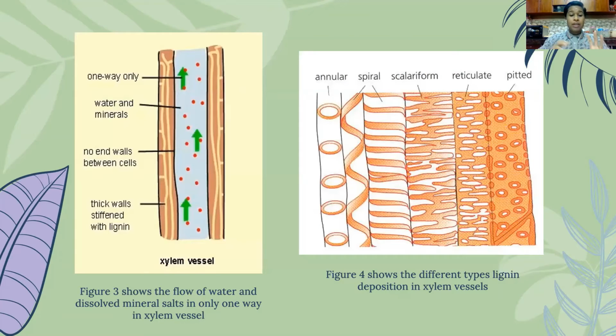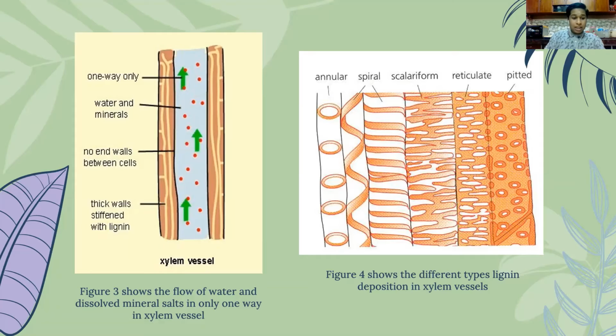Now we look at the flow of water and dissolved mineral salts in only one way in xylem vessels. As I said in the beginning, xylem has a main function, which is to transport water and dissolved mineral salts from the roots to the stem and then to the leaves in only one way.